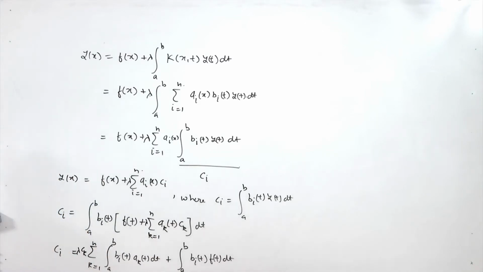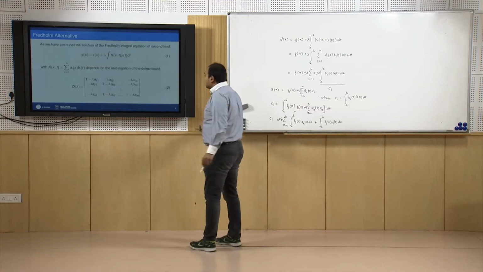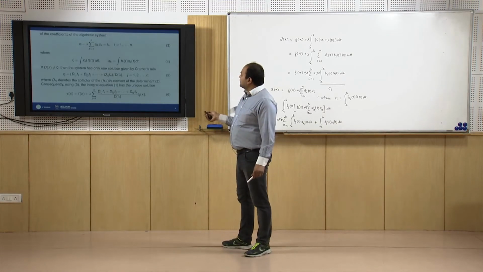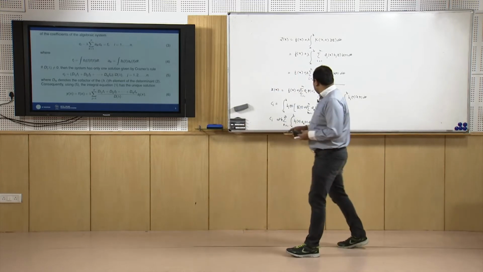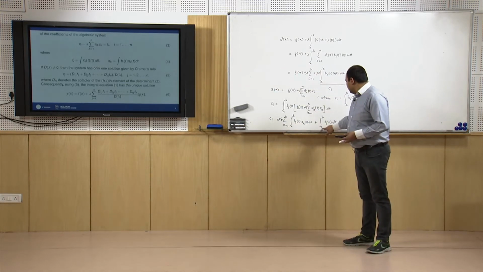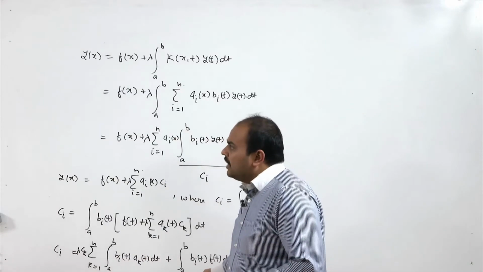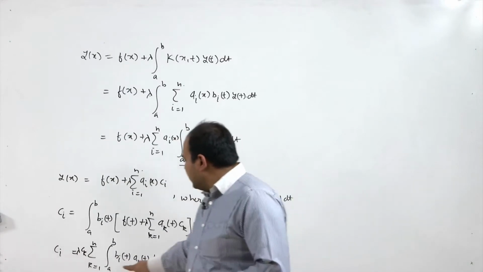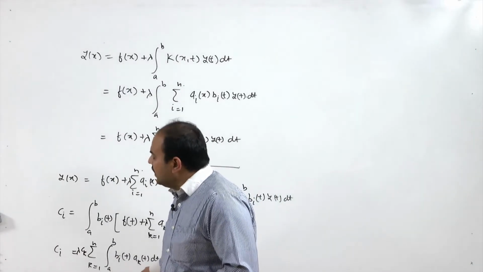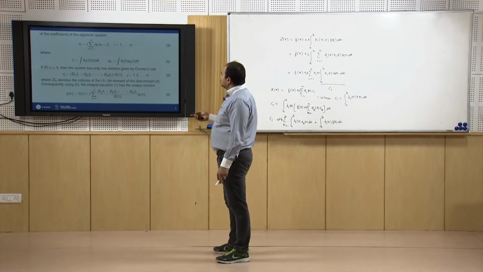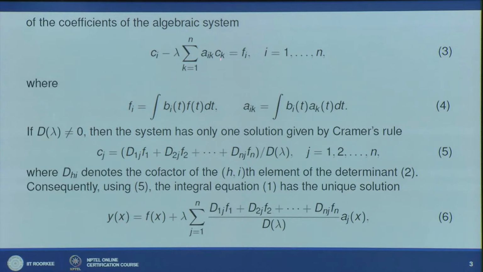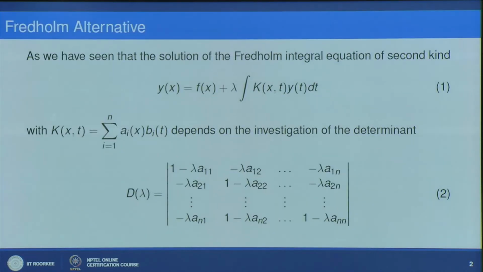If you use the notation given here as equation number 4, with f_i as the integral of b_i(t) f(t) dt and a_ik for this, then this reduces to equation number 3. This we can solve by a system of algebraic equations whose coefficient matrix is given by D(lambda).